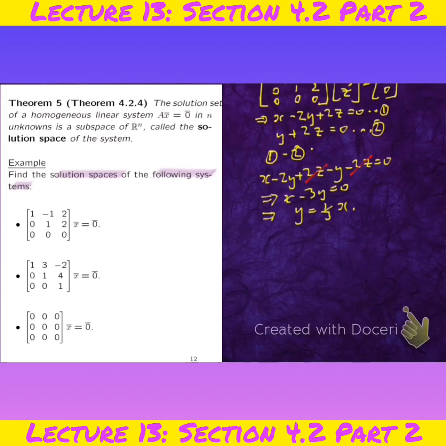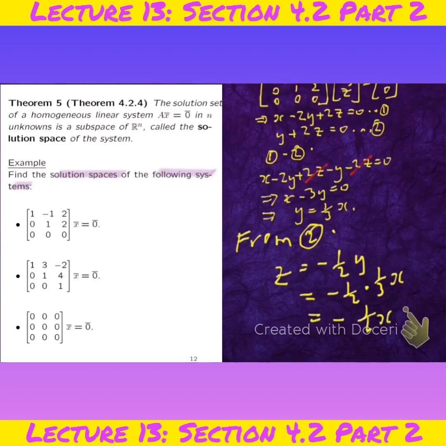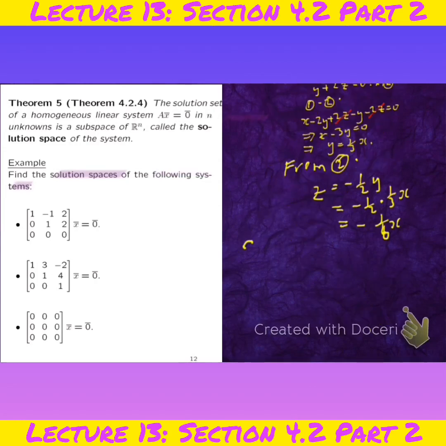Okay, and so from 2, we can solve for z as minus a half y, and so z is minus a half. What is y? It's a third x. Okay, so that is minus 1 over 6 x. Okay, so what is the solution space?